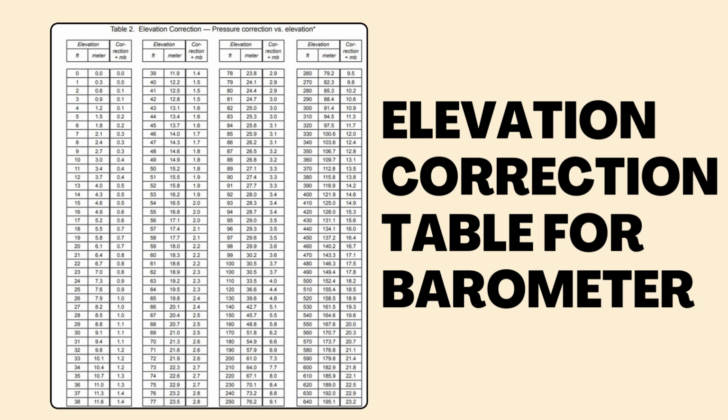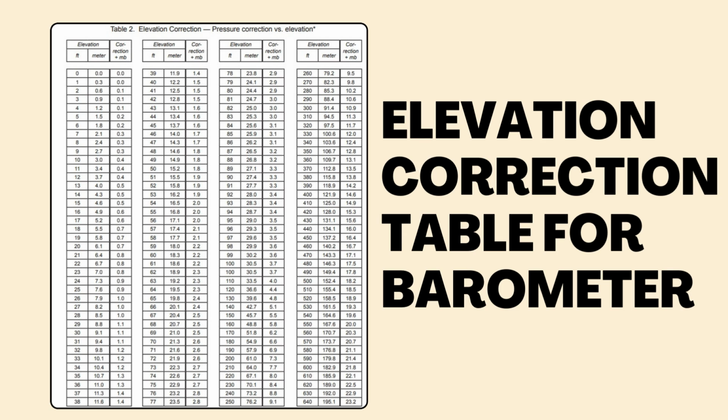After that, for example, let's say 30 feet. 30 feet equals 9.1 meters. For the correction, just check guys, 1.1. You have to add 1.1 to your reading. For example, if your reading is 1013, you add 1.1 and 1014.1 is the real atmospheric pressure at sea level.